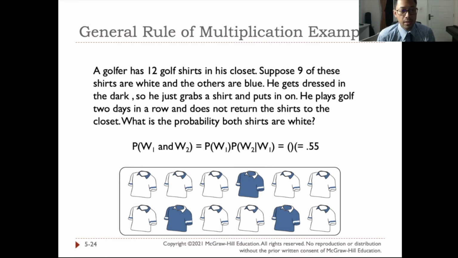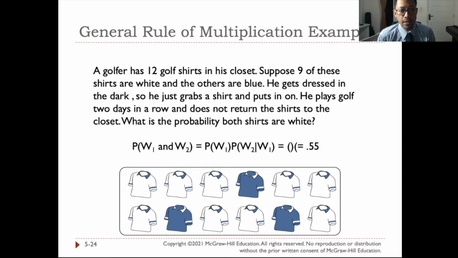Well, in this particular case, the events are dependent. Whatever you take in the first instance is going to affect whatever you take in the second instance. And so the probability that the first shirt is white and the second shirt is white is the probability that the first shirt is white multiplied by the probability that the second shirt is white conditional on the first shirt being white.